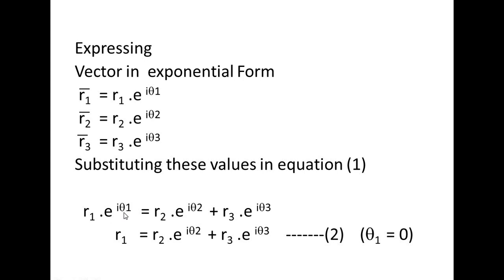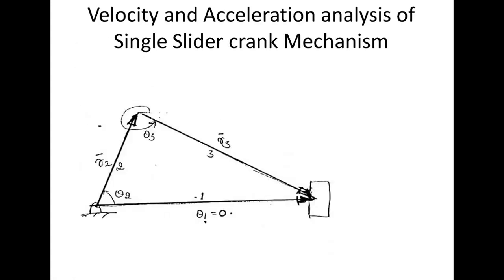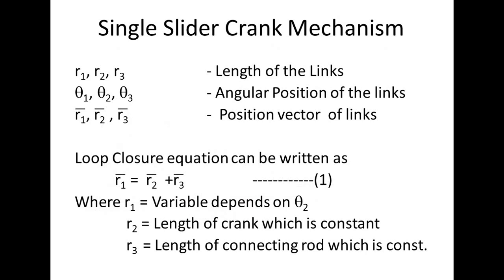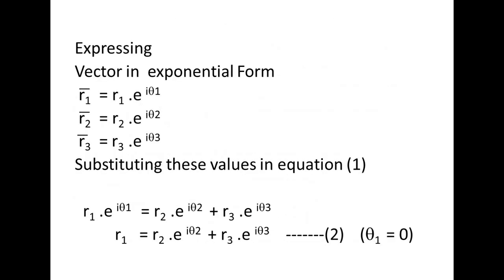We know that theta 1 is 0 because it is a horizontal line; if you refer to the figure, theta 1 is 0. So if you substitute, e to the power of 0 becomes 1. So r1 is equal to r2 into e to the power of i theta 2 plus r3 into e to the power of i theta 3.